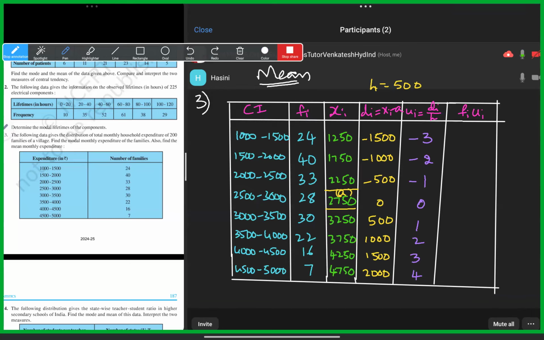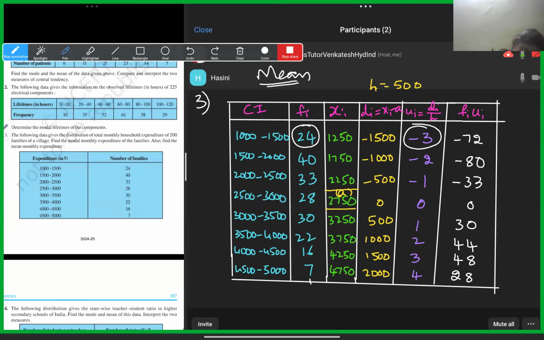Now finally, we will do the fi ui. That is, every value of the frequency column and the ui column will be multiplied respectively. 124 into minus 3 is minus 72. 40 into minus 2 is minus 80. 33 into minus 1 is minus 33. 28 into 0 is 0. 30 into 1 is 30. 22 into 2 is 44. 16 into 3 is 48. 7 into 4 is 28.